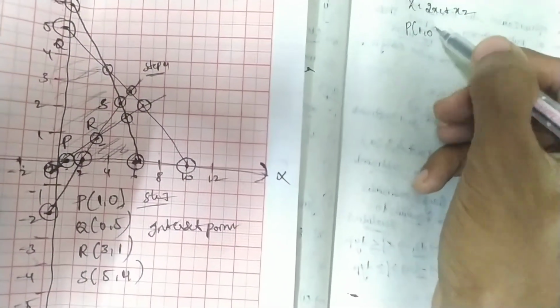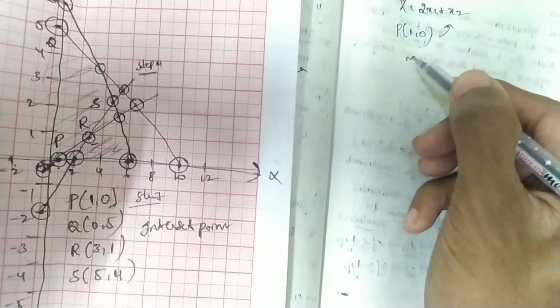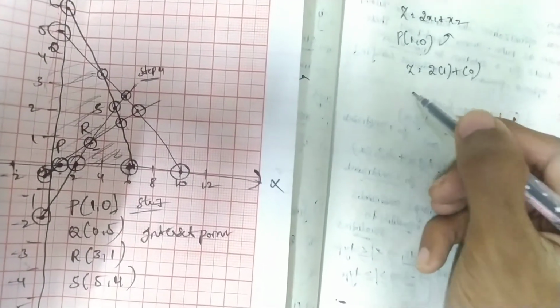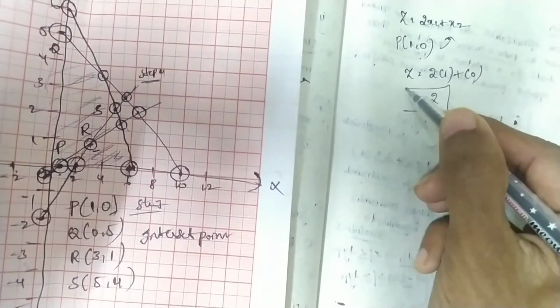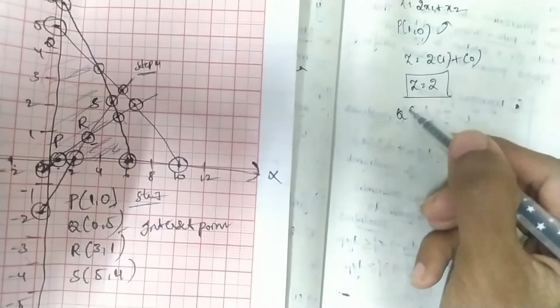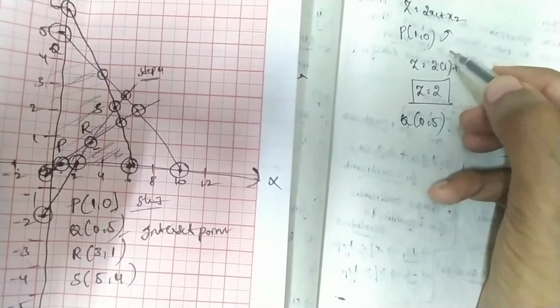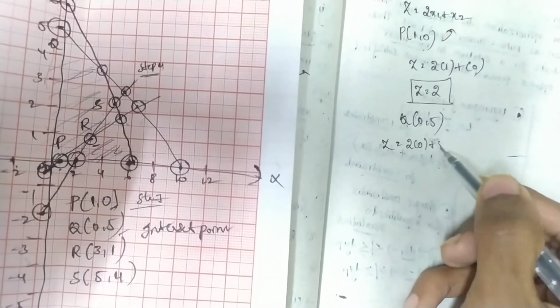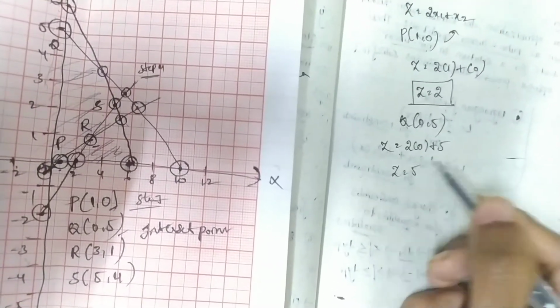Substituting in this, we get z equals 2 of 1 plus 0, so z equals 2. Take Q of 0 comma 5. Substituting in this formula, we get z equals 2 of 0 plus 5, that is z equals 5.